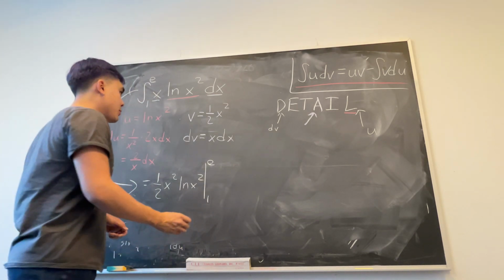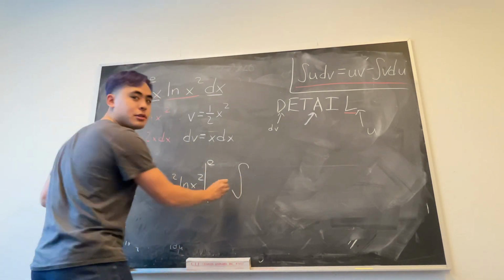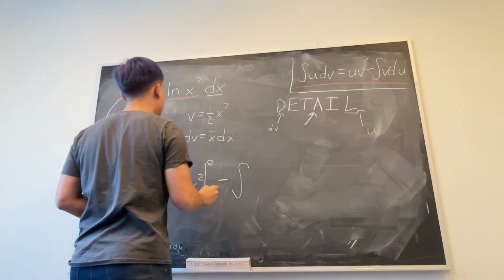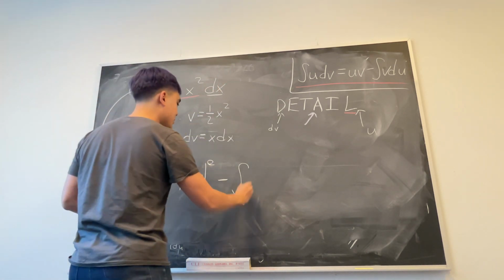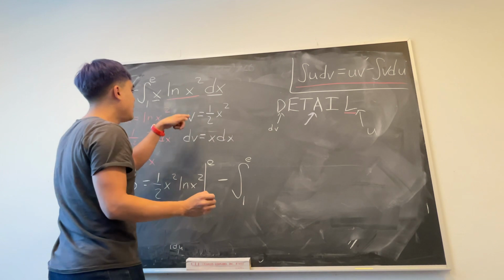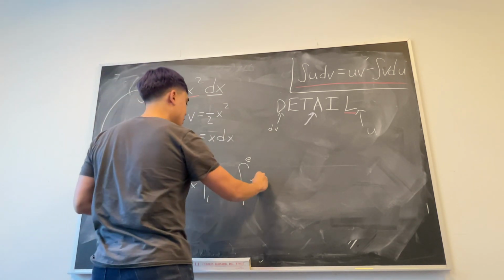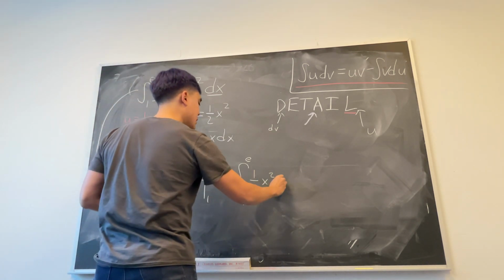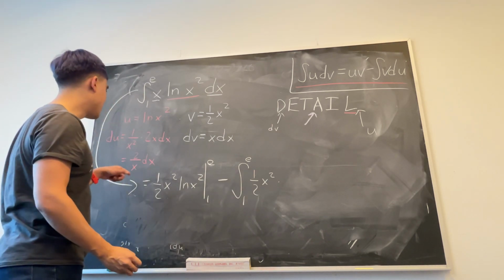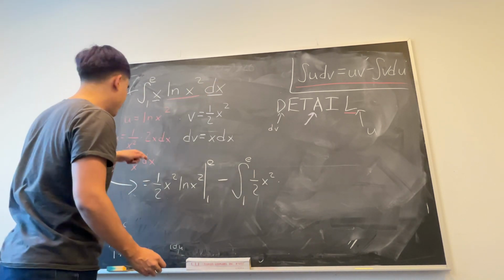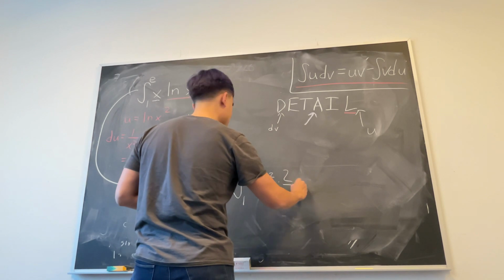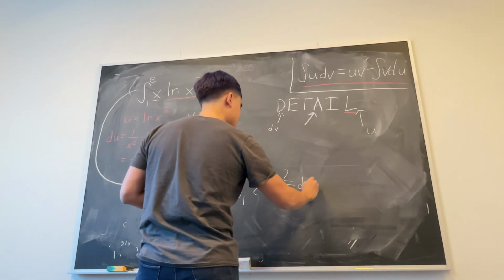And the other part is going to be minus the integral of v du, still from 1 to e. So v is 1/2 x squared, and we multiply that by du, which is 2 over x dx.